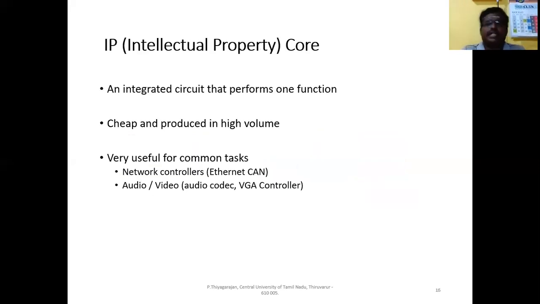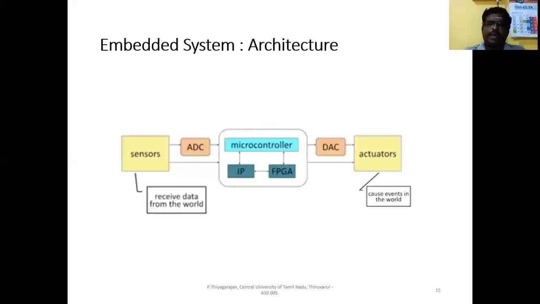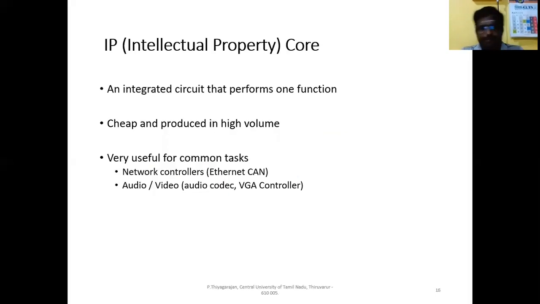First, we are going to discuss in detail the intellectual property core. It's a very important component. It is there inside the microcontroller. The microcontroller has three important parts: the microcontroller, IP, and FPGA. We will discuss the microcontroller in detail. It's an intellectual property core, and it's an integrated chip that performs only one function, and it has to be produced in volumes, and it should be cheap.